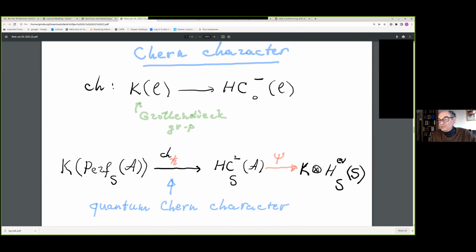So first of all, for any category, using this abstract definition in terms of categories, one can define the Chern character from the Grothendieck group of the category to the negative cyclic homology. And the point here is that the target is not cyclic homology, not periodic cyclic homology, but really negative cyclic homology.